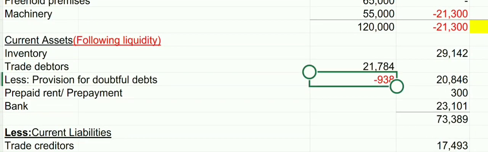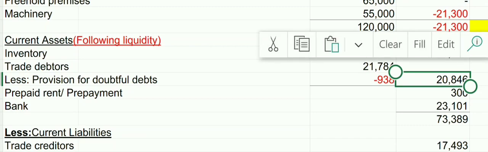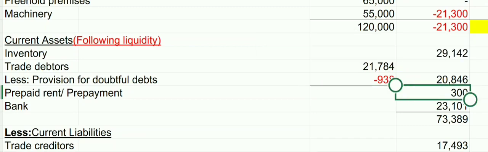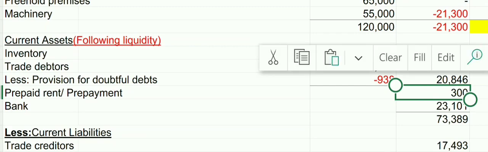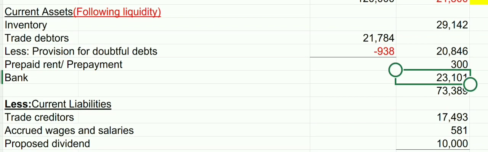Therefore, we minus. And then you calculate the balance here. That means you estimate you get back this money from debtors or customers. Prepayment, it means you paid money in advance, you put it under current assets. Bank is your cash in the bank account, you put here. Therefore, total current assets is this.